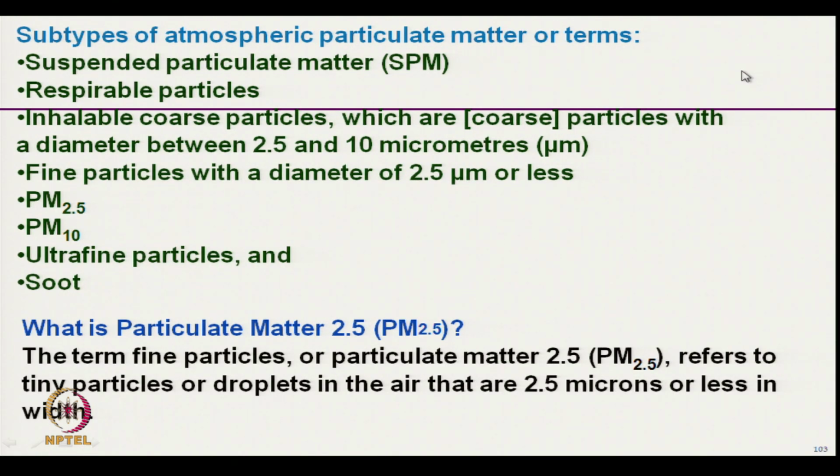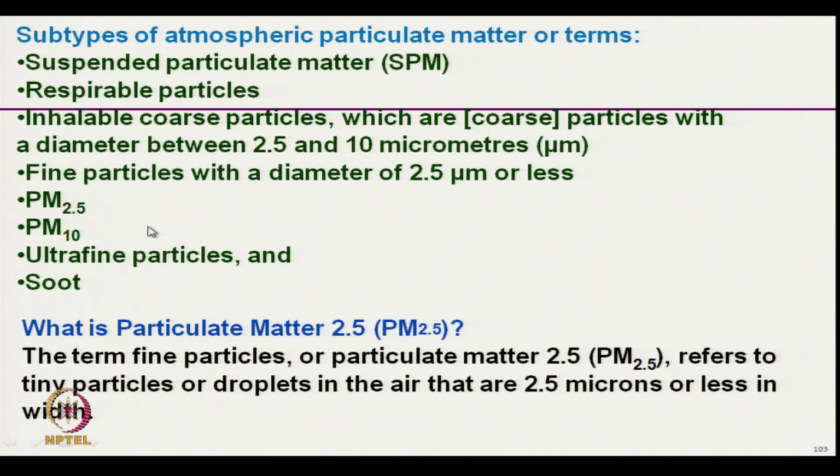The different subtypes of atmospheric particulate matter are suspended particulate matter, SPM; respirable particles, which are very small in size; inhalable coarse particles with a diameter of 2.5 to 10 microns; and fine particles with a diameter of 2.5 micron or less.